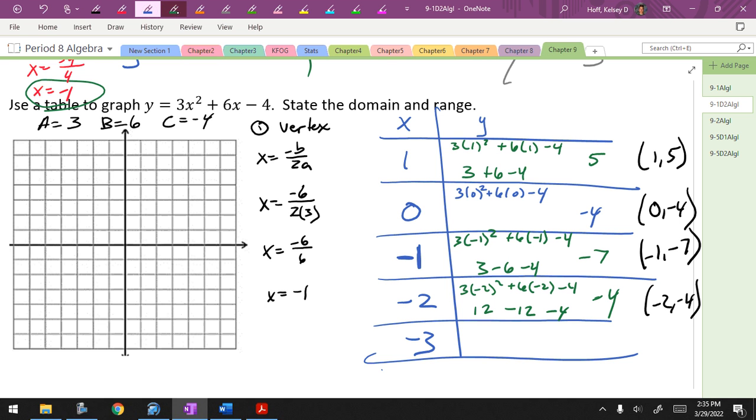And then negative 3, plug in. Five. What do you notice?